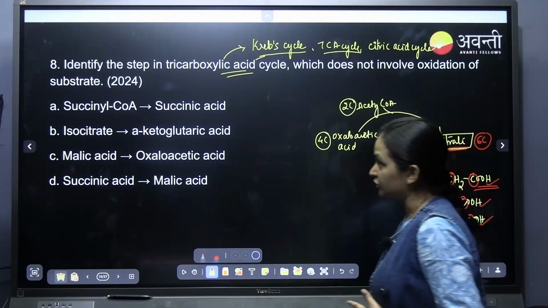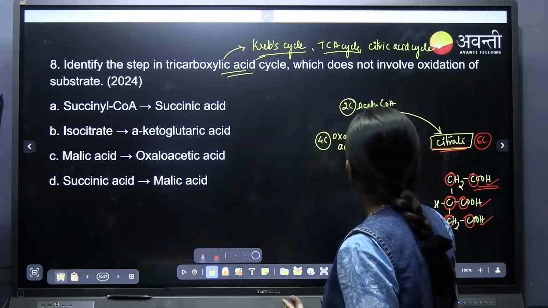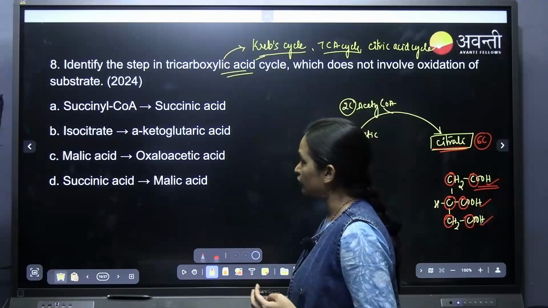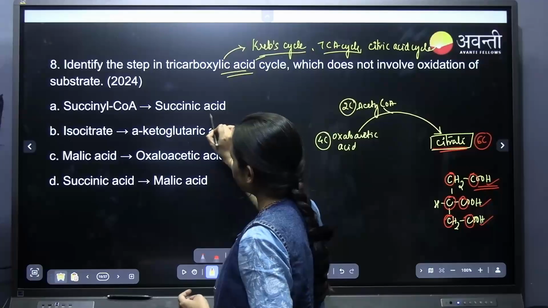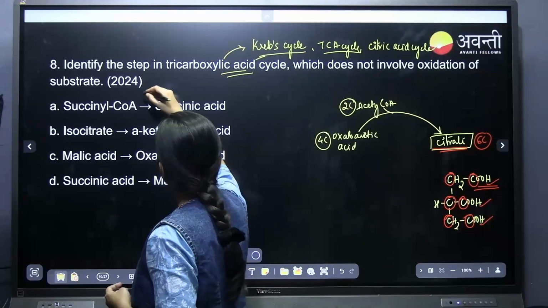Okay, now coming to the question. Which does not involve oxidation of substrate? Oxidation of substrate, it should not involve. Okay. So succinyl CoA to succinic acid. What is the enzyme used here?